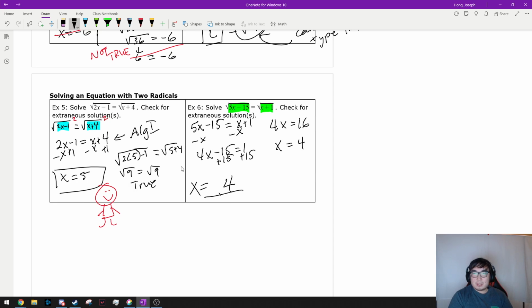And if I check this, it becomes square root of 5 times 4 minus 15 equals square root of 4 plus 1. So let's see if it's true.